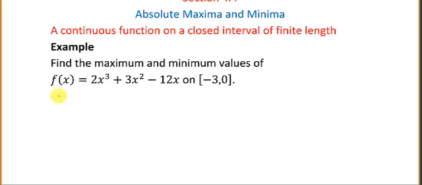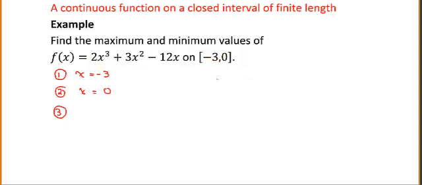Now, where do we find them? Well, remember the three places to look. First, look at the left endpoint, x = -3. Next, look at the right endpoint, x = 0. And the third one will take a little bit of work: we have to look for critical values in between -3 and 0.